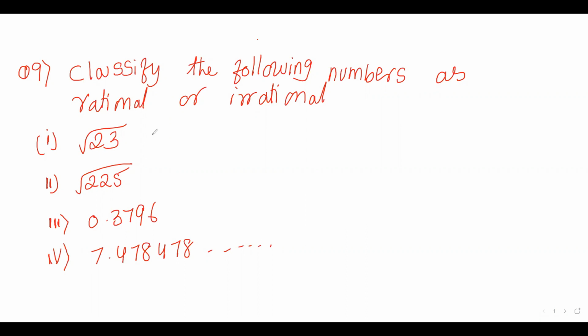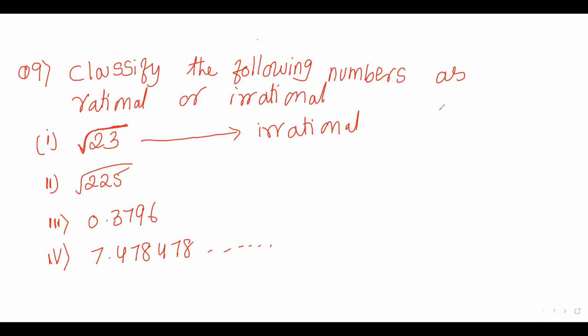Now this is an irrational number. Root 23 doesn't have any square root. It is an imperfect square. All imperfect squares are irrational numbers.